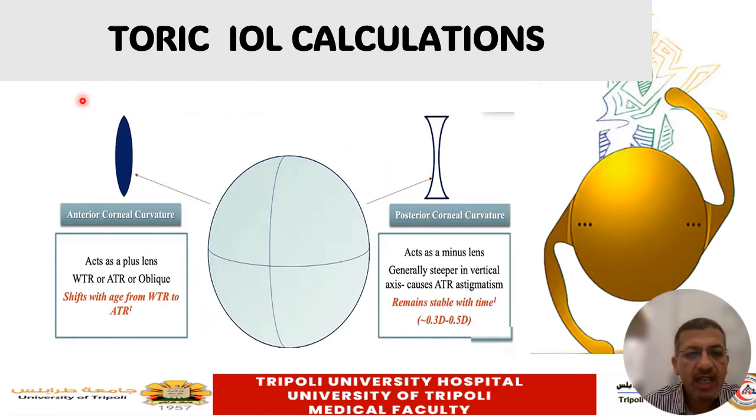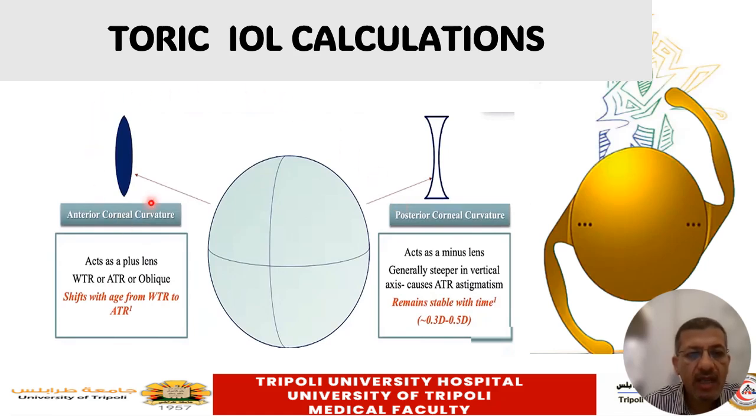Of course, if there is any change in the astigmatism here as far as the power, the astigmatism here will also be changed. But this is what we speak about, the average normal people. So you can see from this picture that both the anterior surface and the posterior surface compensate each other, of course, after taking into consideration the astigmatism present in the lens. Now, if you ask me why the anterior surface of the cornea is positive and why the posterior surface of the cornea is negative, the answer is related to the refractive index.